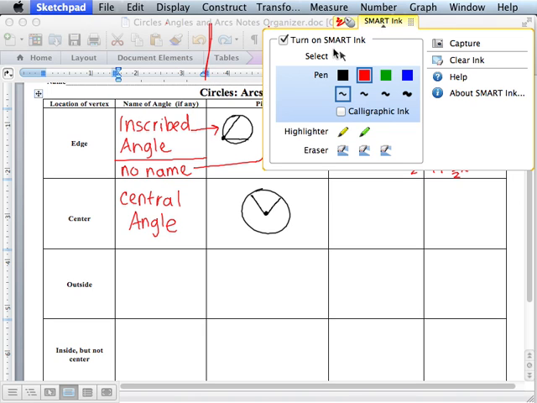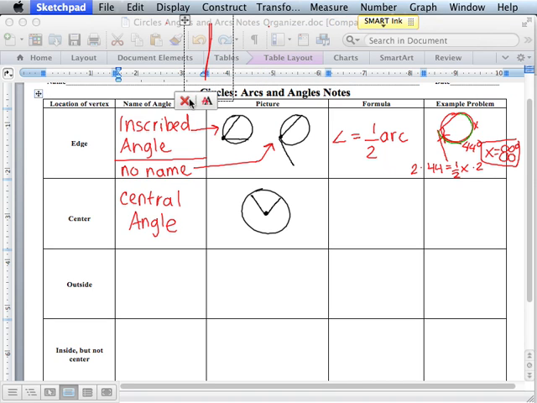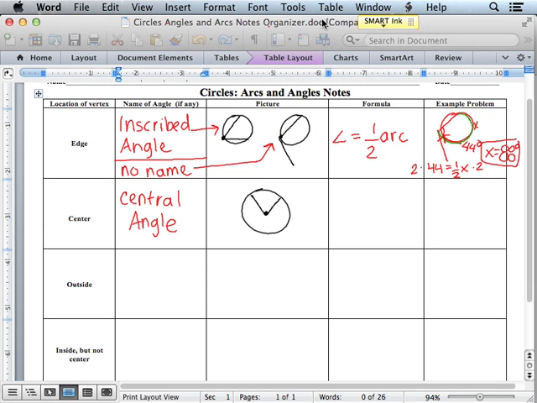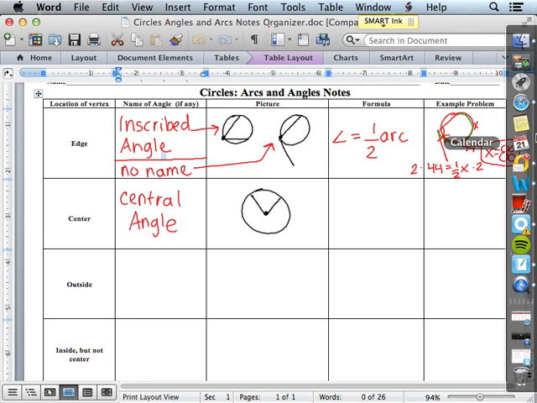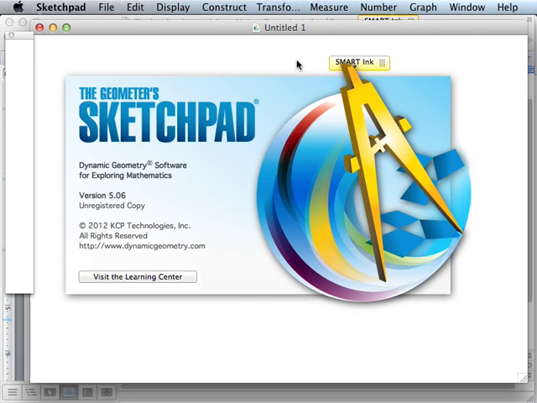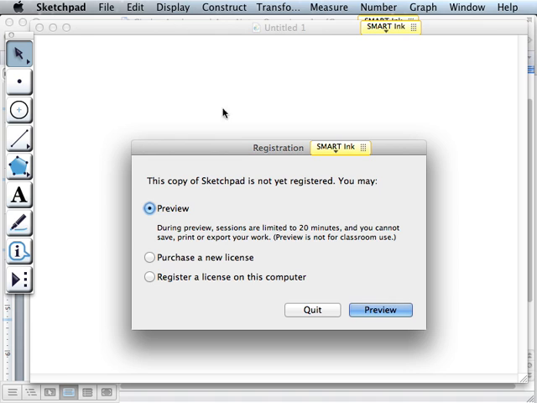Okay, I'm on SmartInk. Sorry. All right, here we go.